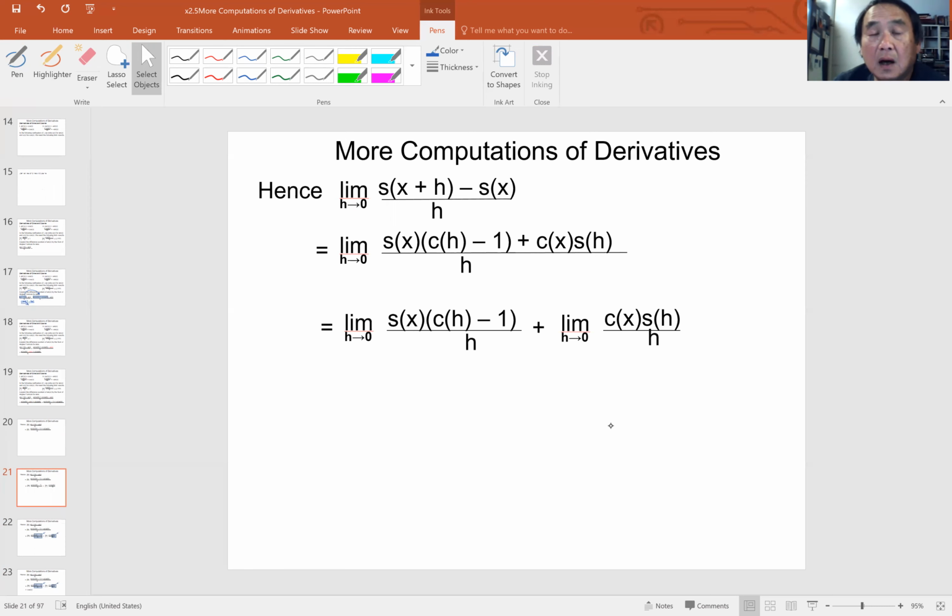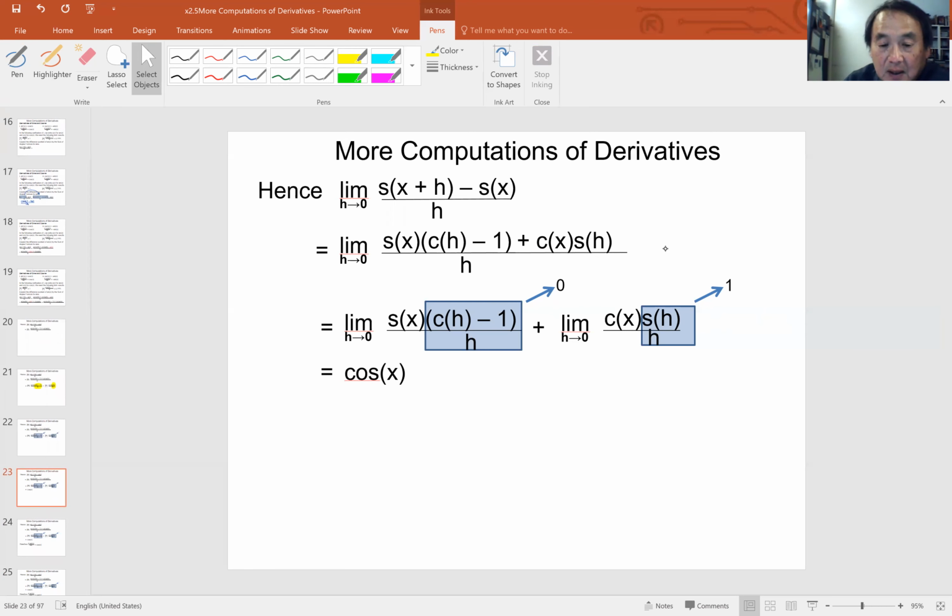The other limits we have on the last page show up here: the limit of this one is 0, and the limit of this one is 1. So 0 times sine x is 0, and the other limit goes to 1, so what's left is just cosine of x. This is the limit of the difference quotient of sine of x. In other words, the derivative of sine of x is cosine of x.